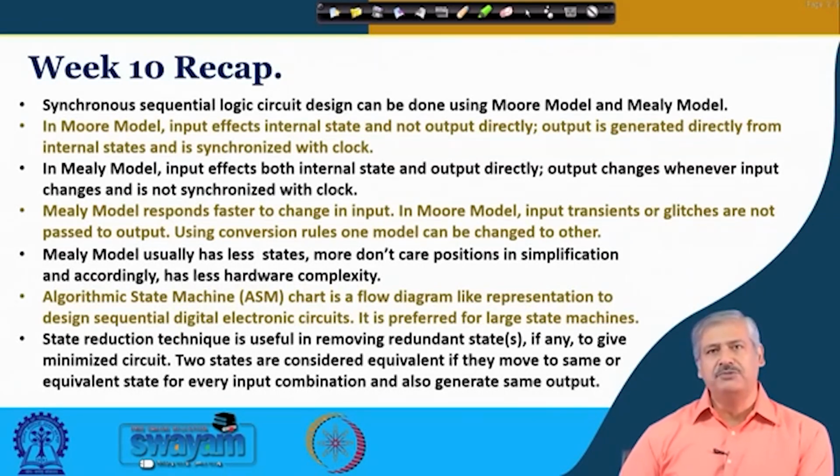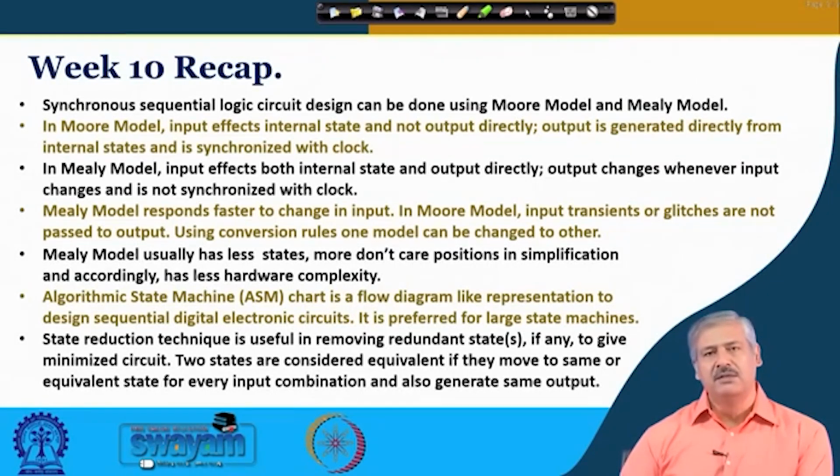We have certain advantages and disadvantages of both. In Mealy model we can get the output a bit quicker, more don't care states in the Karnaugh map based minimization, and a little bit less hardware.